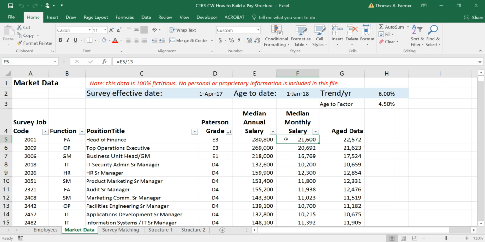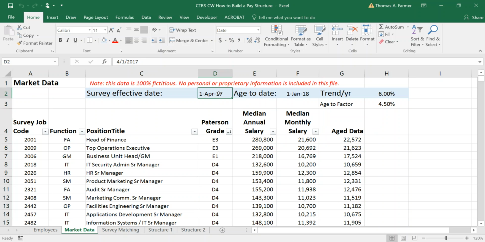There's one more thing I need to do to my data before I build a structure, and that is to age the data, because this data reflects what companies in the survey were paying as of 1st of April 2017. I'm going to use my pay structure in the year 2018. So I need to age or inflate my raw market data to match where the market's going to be, at least at the start of 2018.